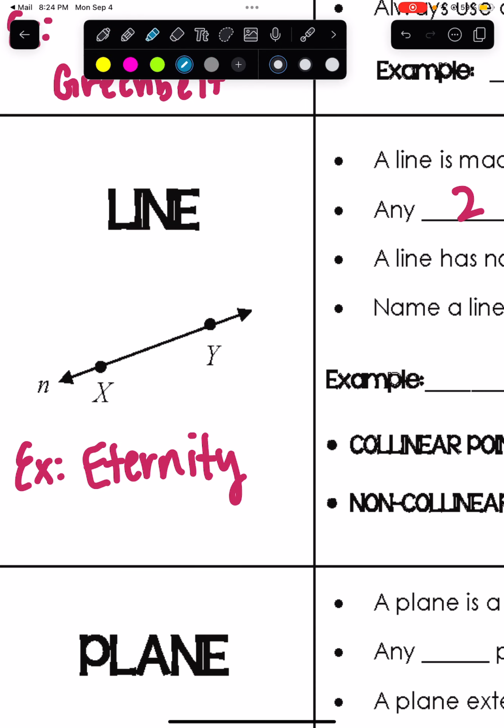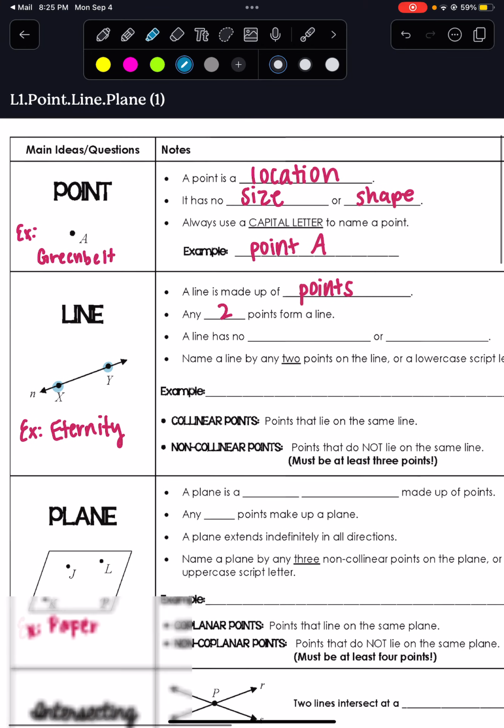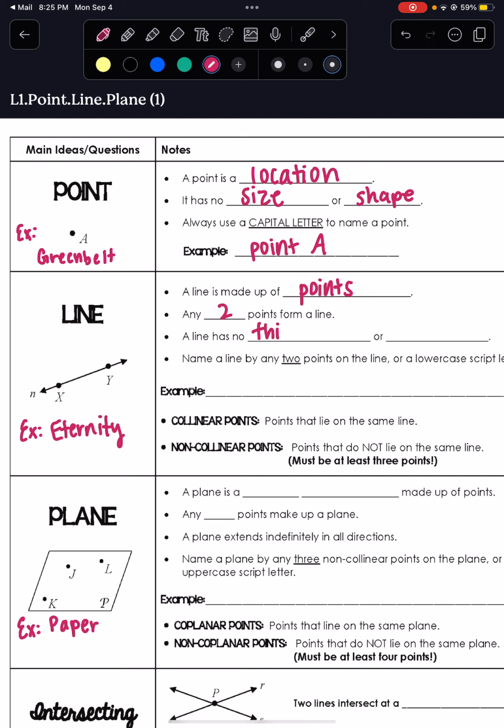We have this one and this one, and those make up our line. A line has no thickness or width.